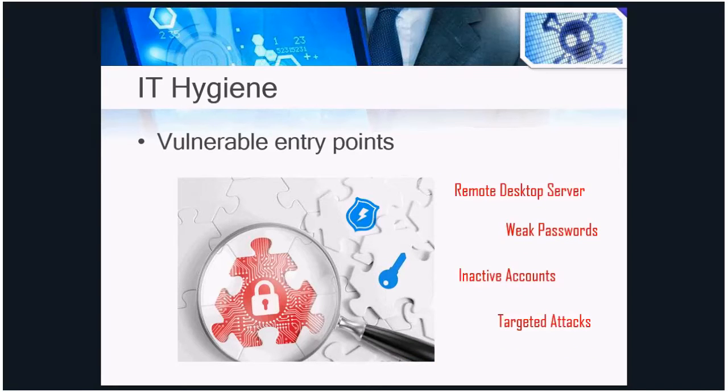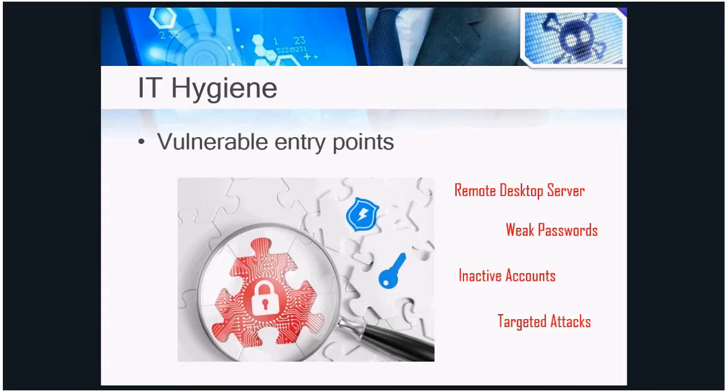So what are some of the vulnerable entry points? There's no question that probably the key one right now is if your organization has a remote desktop server, which used to be called a terminal server, that is publicly available. In other words, are you able to connect to your remote desktop server no matter where you are in the world? If that's the case, that's quite a vulnerable entry point.